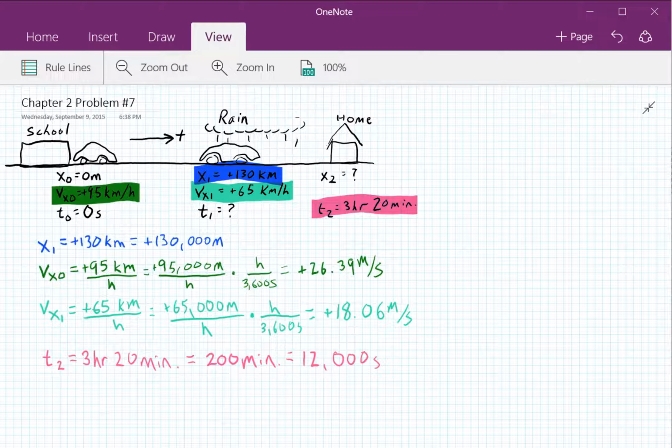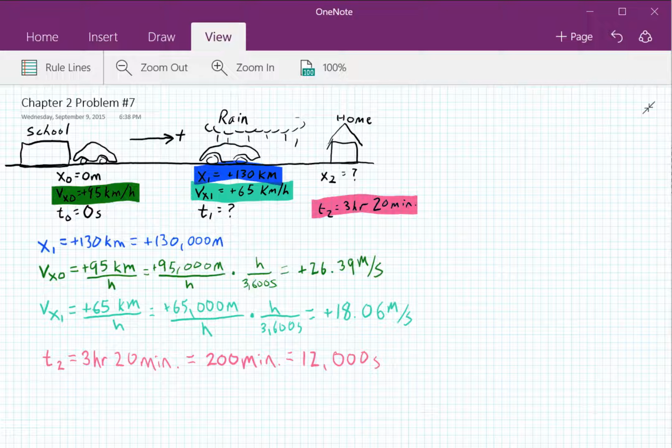Now, for part A, they want you to determine the total distance that the car traveled. In order to do that, the first thing you need to do is calculate the time for the first part of the trip, so you know how long the person was driving at 95 kilometers per hour and how long the person was driving at 65 kilometers per hour, so you can figure out the total distance.